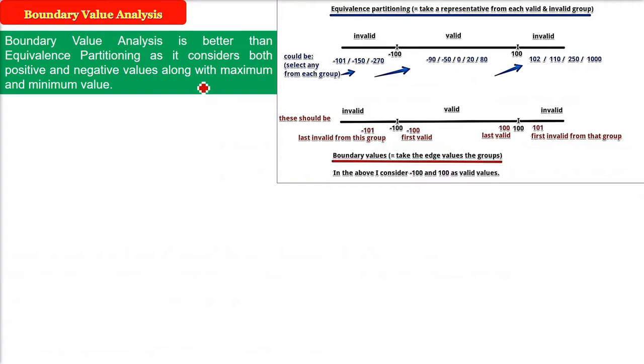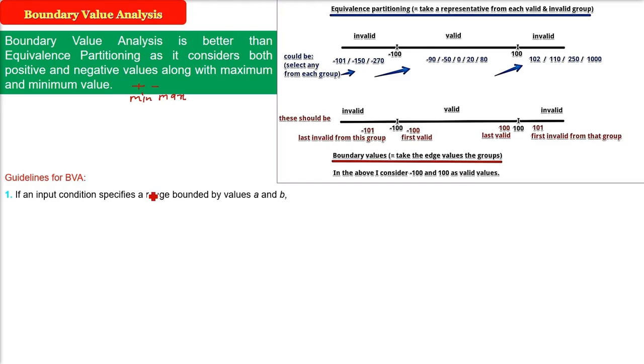Sometimes people say that boundary value analysis, if we compare with the equivalence partitioning, though they are complementing each other, BVA is considered better because it may take the positive and negative values both along with the minimum and maximum value. So what are the guidelines for BVA? How do you actually do it?